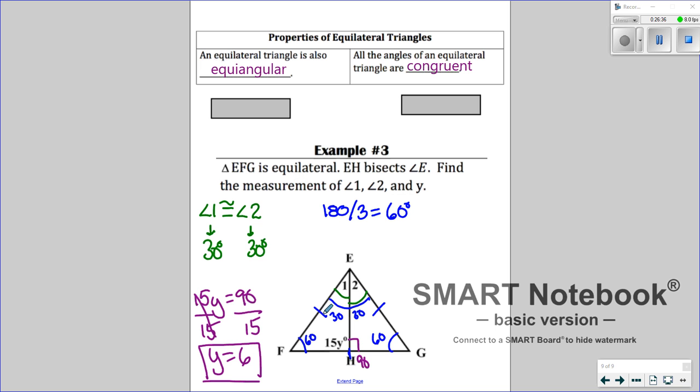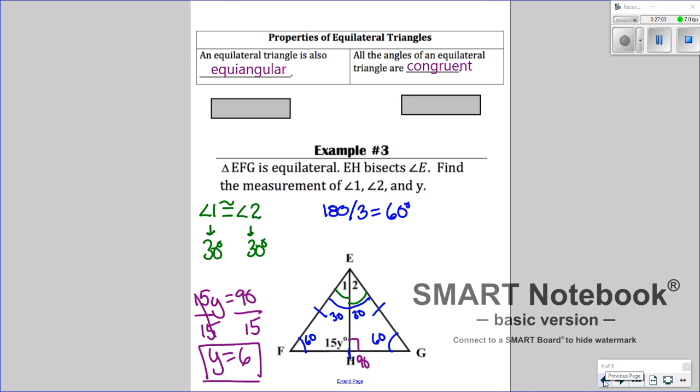And that's it. So we found both of the angles, 30, and then we found our y based on the information that was given to us. So again, when it comes to problems like that, read it first, then read it again to find out what they gave you, all the little clues, and what they want you to find. Then use all that information, solve, and you get your answer.